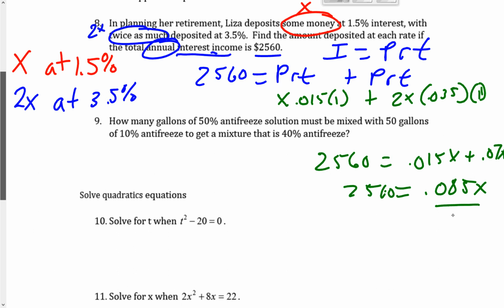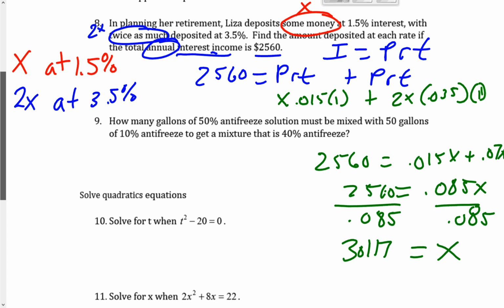You can divide by 0.085, because here I'm trying to get x by itself, so I don't want to subtract it. I want to divide because I want to get x by itself. And we get $301.17.